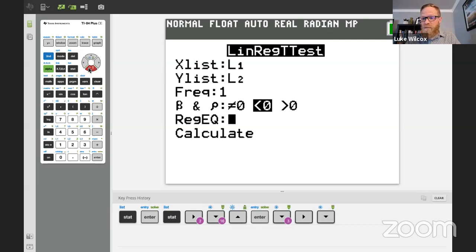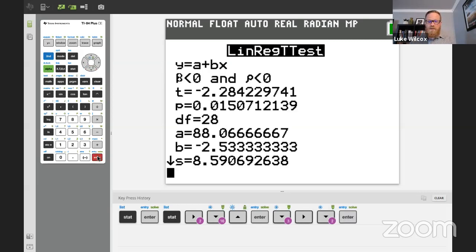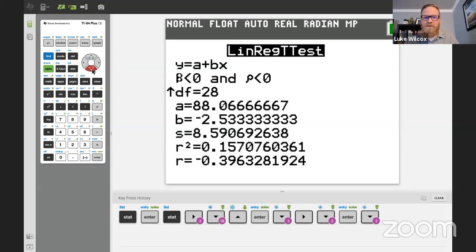You can leave this one blank, and you can go right to calculate. And sure enough here, we get our t-test statistic, which matches with what we had in our calculation, and then the p-value, which matches with what we had, along with some other things, the degrees of freedom, the y-intercept, the slope, standard deviation of the residuals, even your r-squared and your r values are given to you there as well. So this is a great way to check your answer.